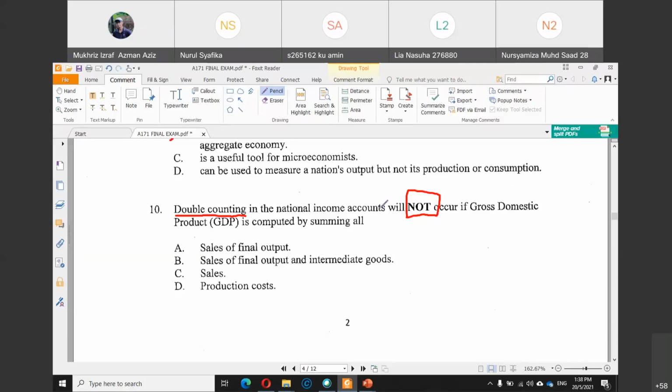So the correct answer should be what? A, B, C, or D?